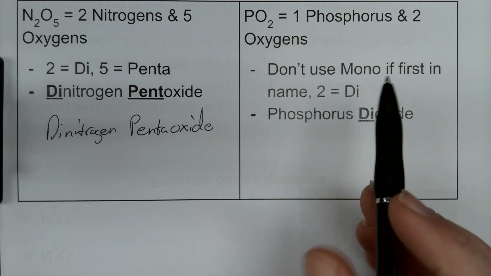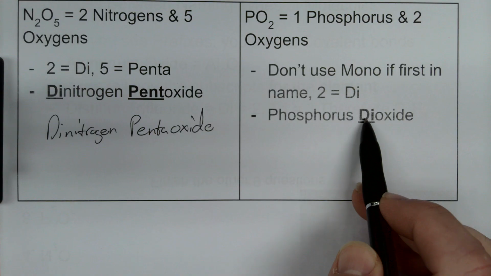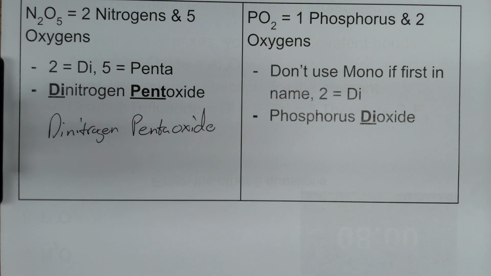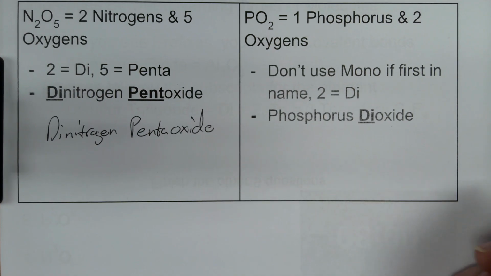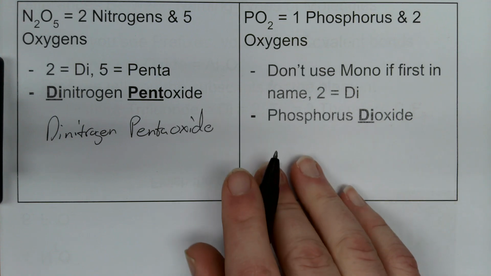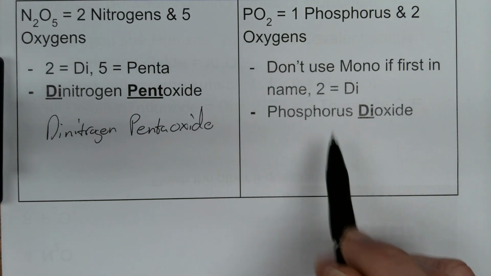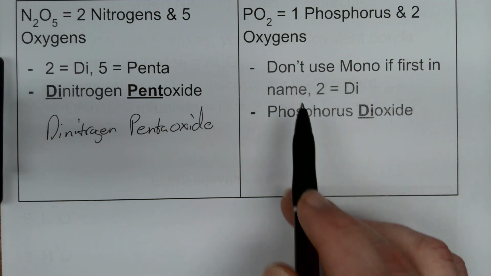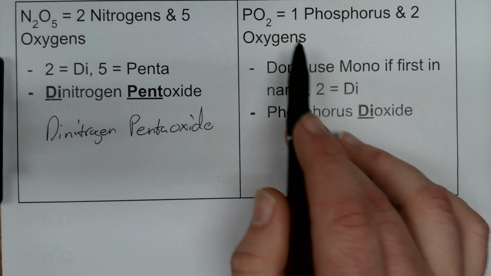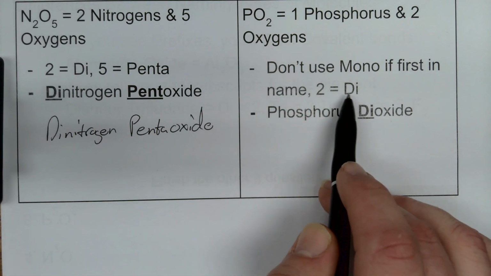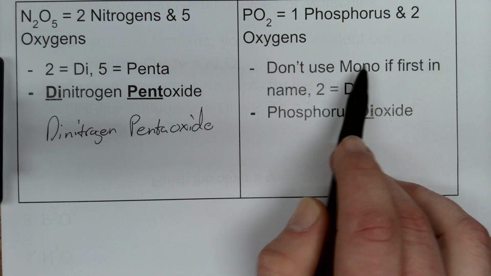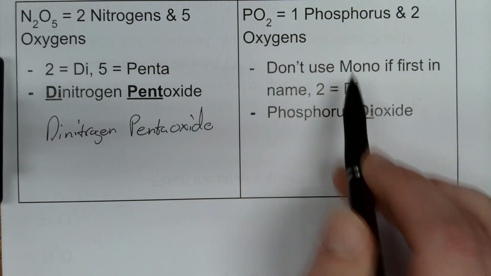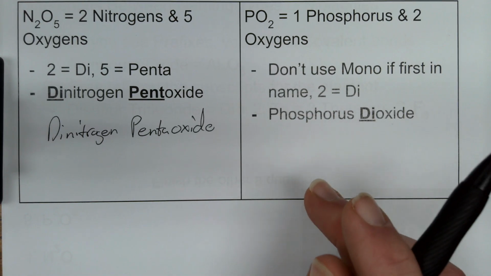That's why our final answer is just going to be phosphorus dioxide, not monophosphorus dioxide. That one I will be a stickler for. So, if our first element only has 1, we don't write the mono prefix. We just leave it as the name, phosphorus dioxide.